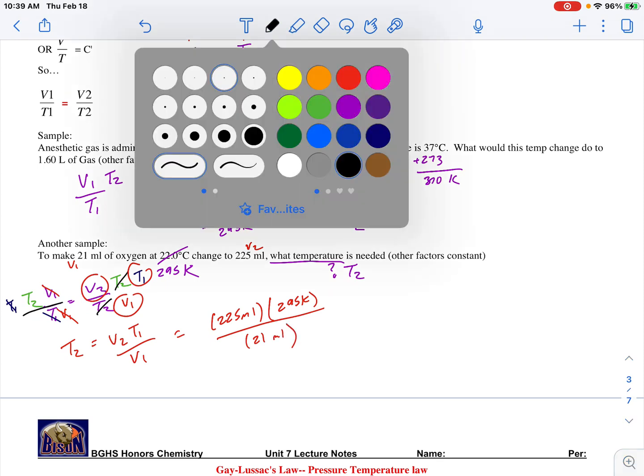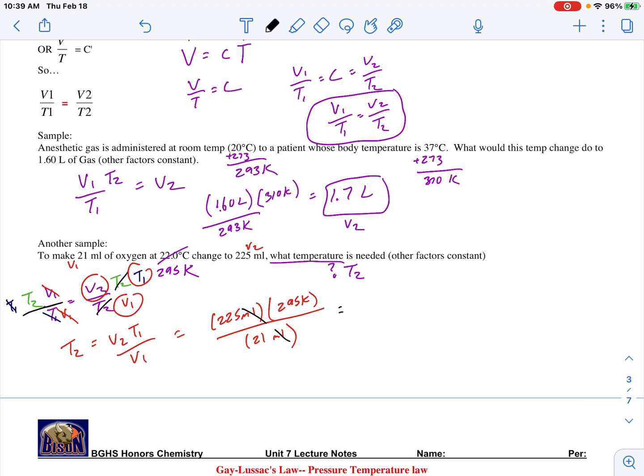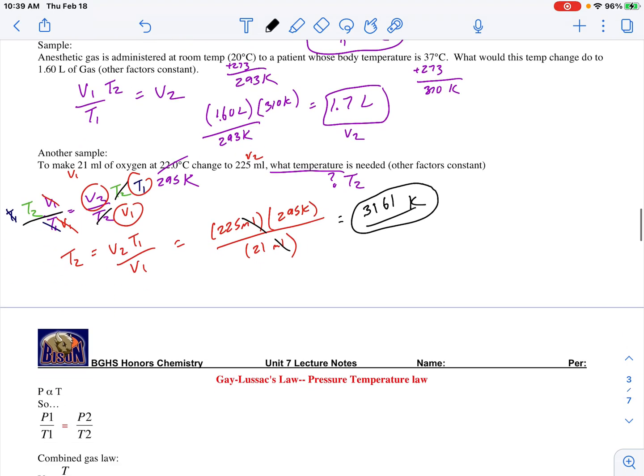All right, my units for volume cancel, meaning my answer is just going to be in Kelvin, which makes sense because we're asking for temperature. So 225 times 295 divided by 21. It's going to be pretty warm, 3,161 Kelvin. All right.